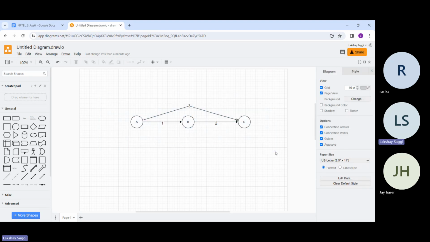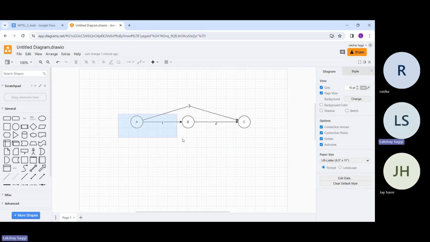So both algorithms may give you different paths, but since the path's length must always be minimum, it must be unique, because we have to find the path of minimum length. So the paths may be different, but the path length will always be unique. Both these paths are minimum paths and both have length 3, even though the paths are different.